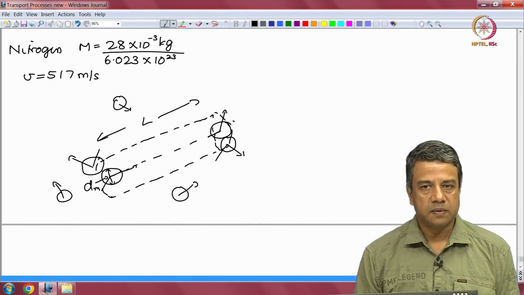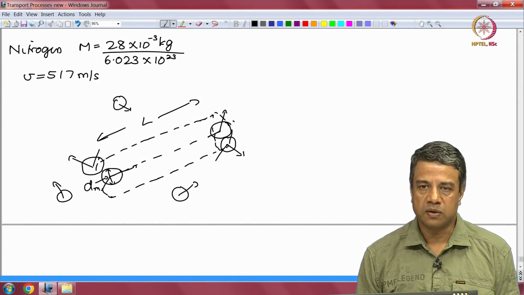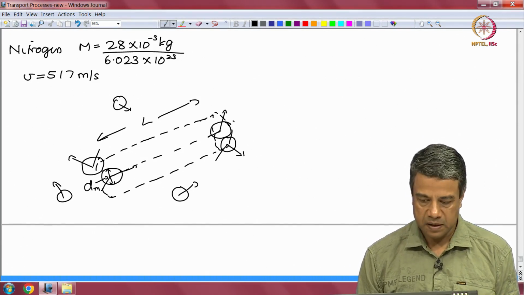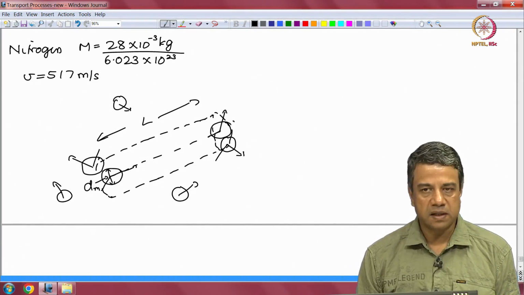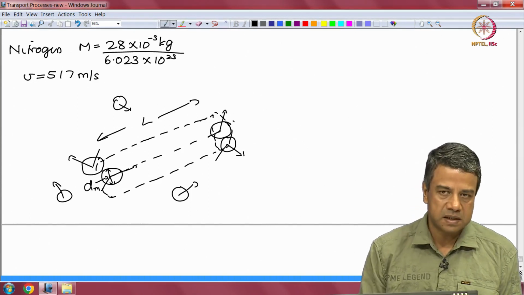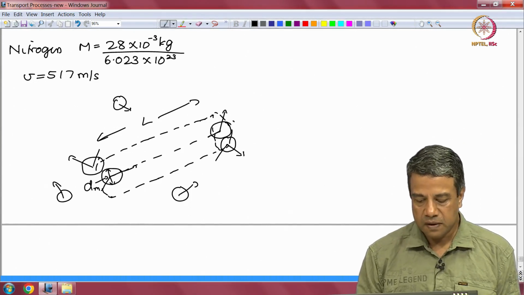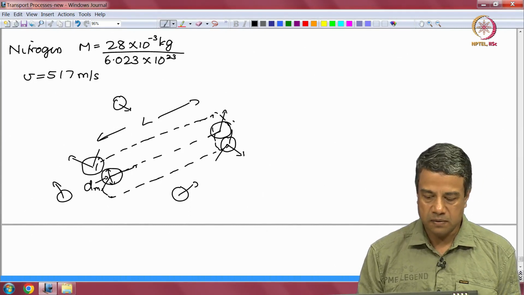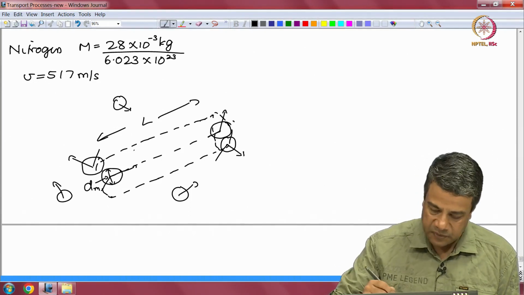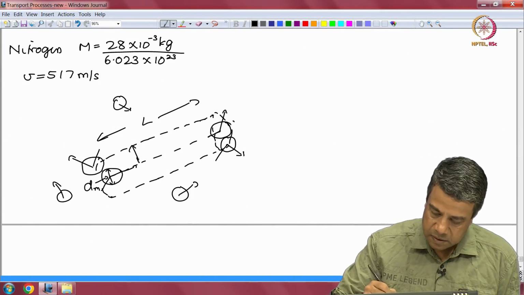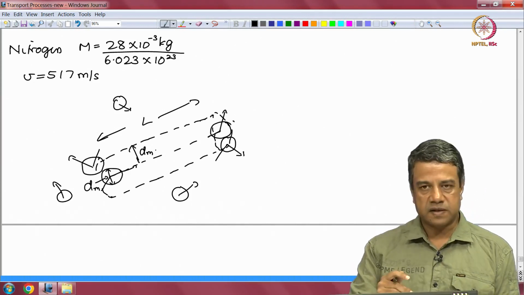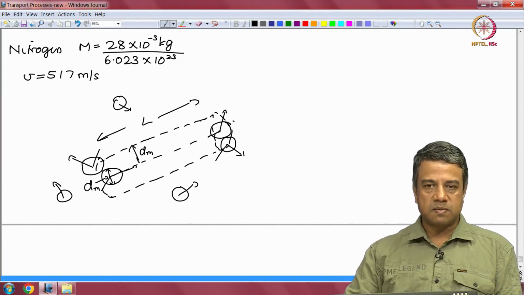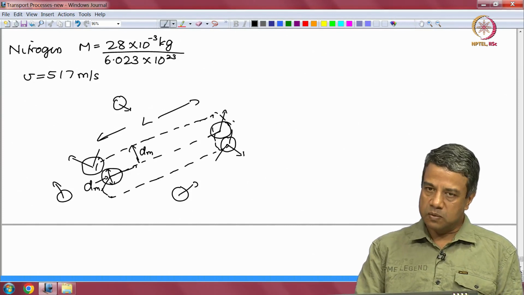So, when the distance between two molecules is equal to the molecular diameter, that means two molecules have collided. Such that if the center of a second molecule comes within the cylinder, that means that the two molecules have collided.